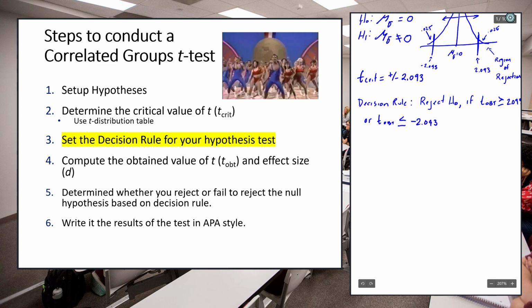And you can see that maps on so that anytime the difference between our two sample means falls within the shaded region of rejection, we are going to reject the null hypothesis.